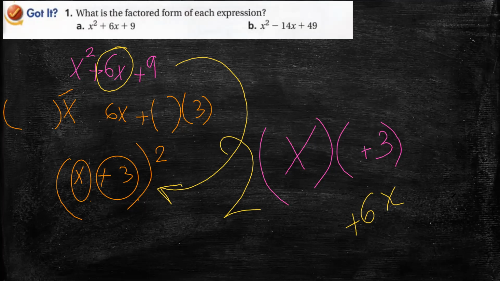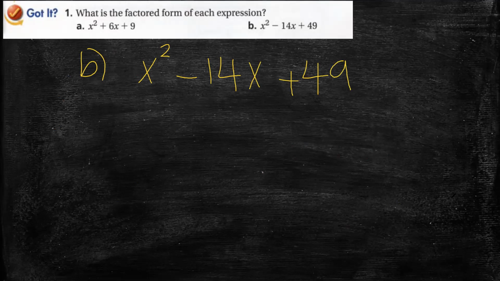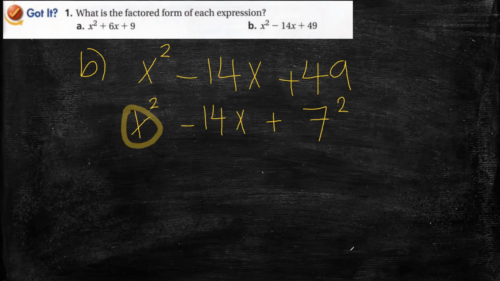That's it. Look at B now. In B here, we have x squared minus 14x plus 49. When I look at them, I must write them in a perfect square. This is x squared. I rewrite them like this because I know that 49 is a perfect square. Then after that, I will take the x and the minus and the 7.